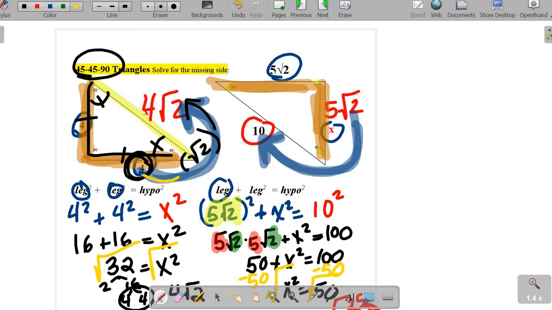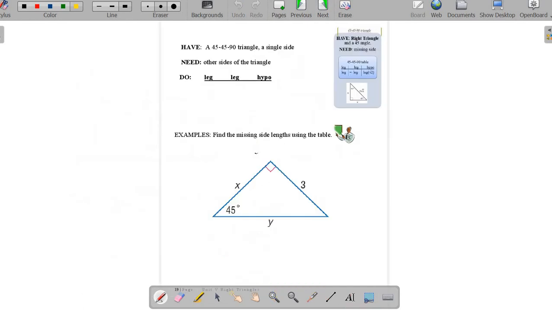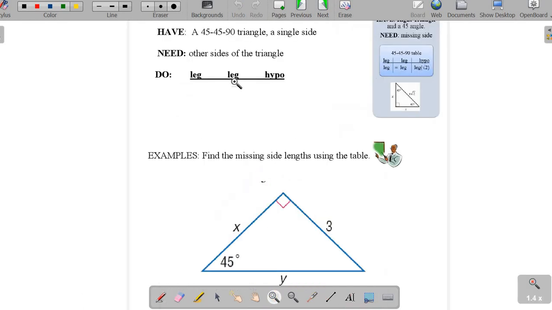So 4 times root 2 is 4 root 2. 5 root 2 times root 2 gives you 10. That's the pattern in a 45, 45, 90 triangle.